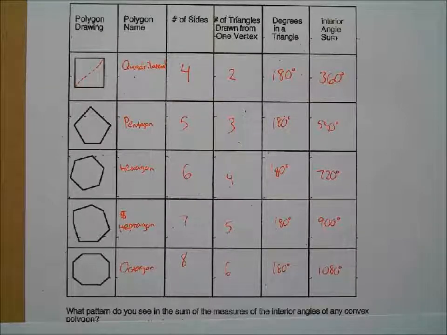So add a side, add 180 degrees to the interior angle sum. Okay? So if I wanted to come up with the sum for any particular polygon, what could we maybe do here?